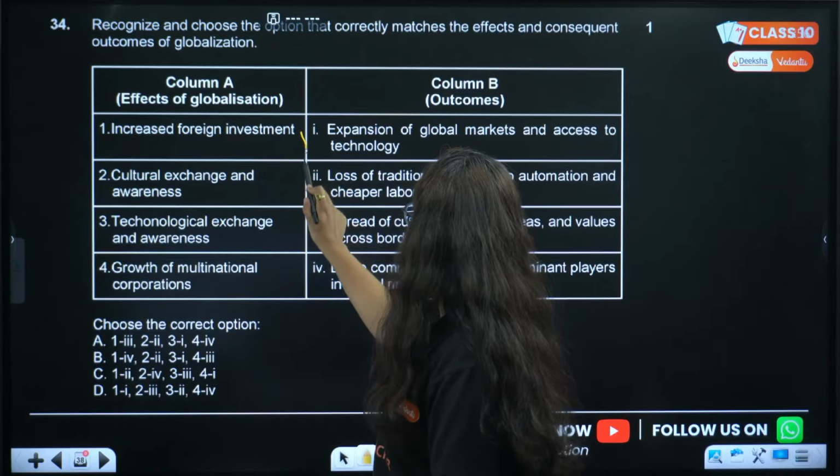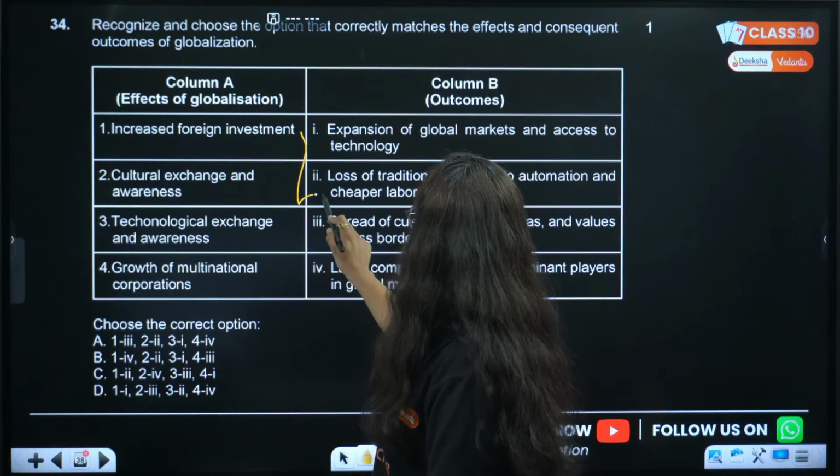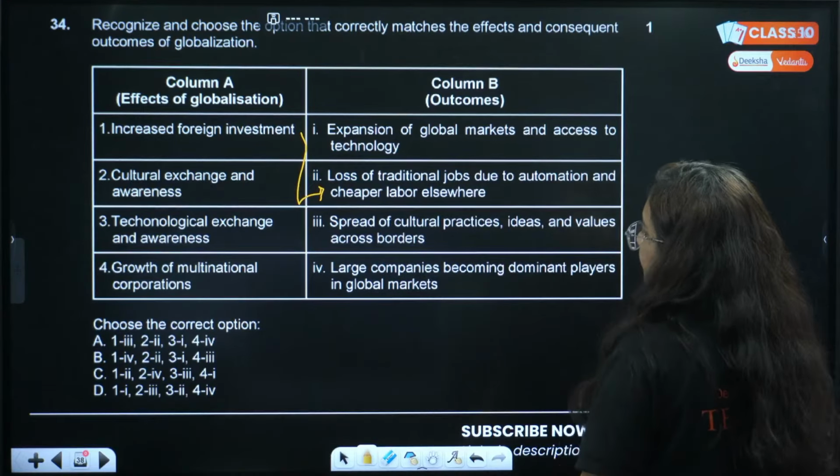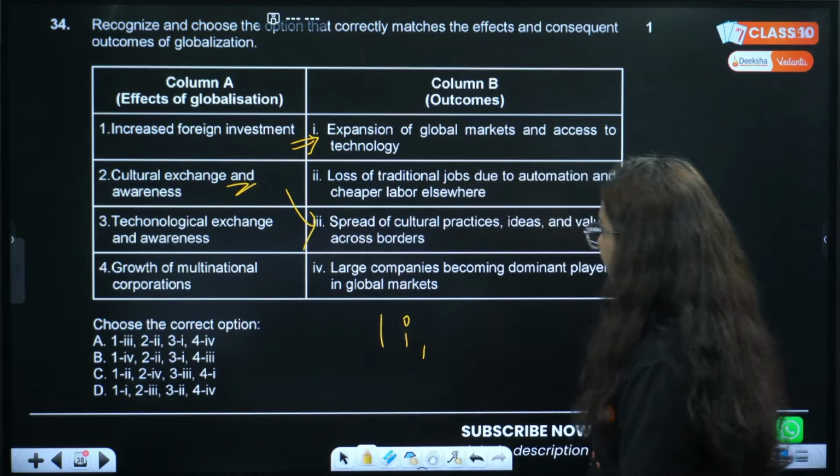Whenever there is increased foreign investment, there will be expansion of global markets and access to technologies. That means first one. We have 2, cultural exchange and awareness. Whenever there is cultural exchange and awareness, there is spread of cultural practices.